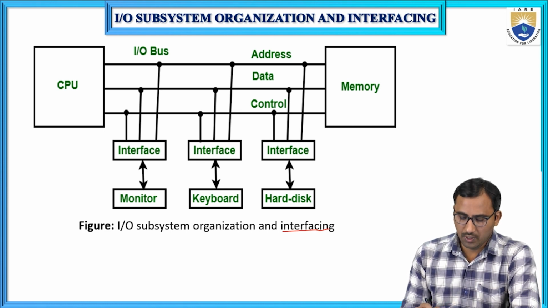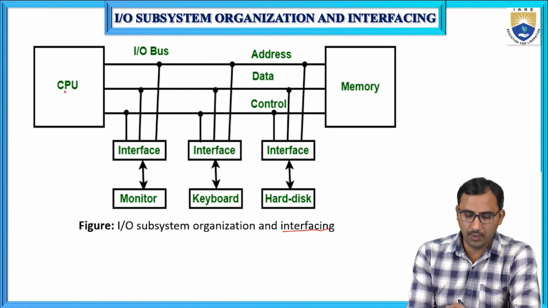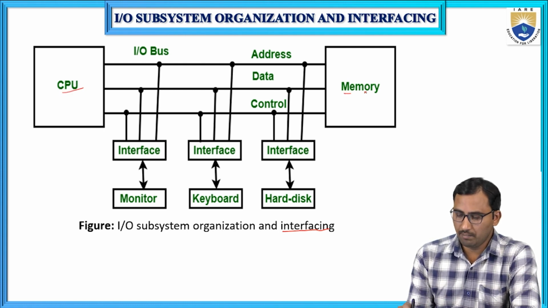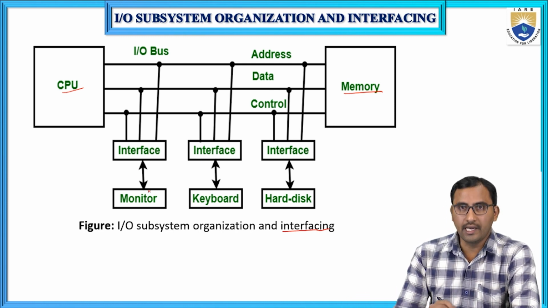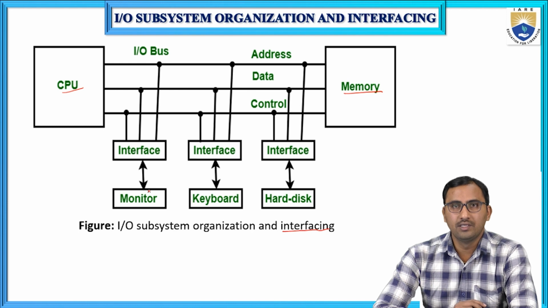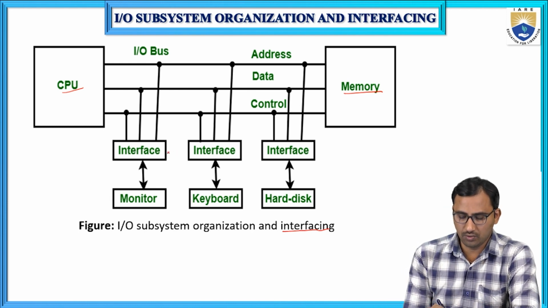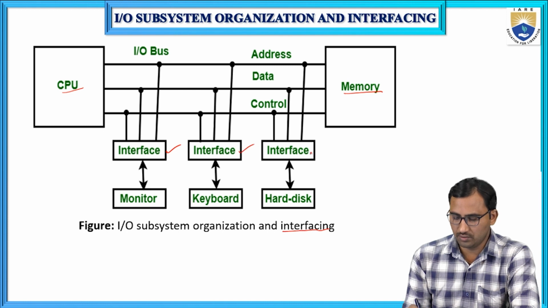So here, if you look into the organization of these components, we have a CPU, memory, and different IO subsystems. Whenever we are connecting any IO devices with the CPU, in between we are using an interface circuit. Here you can see the interface circuits.